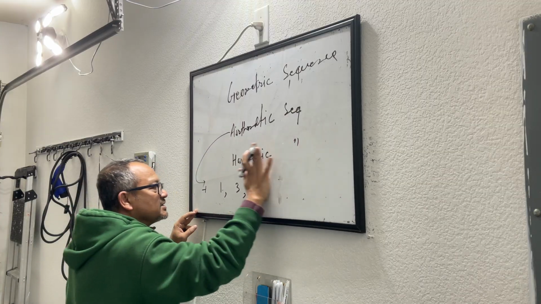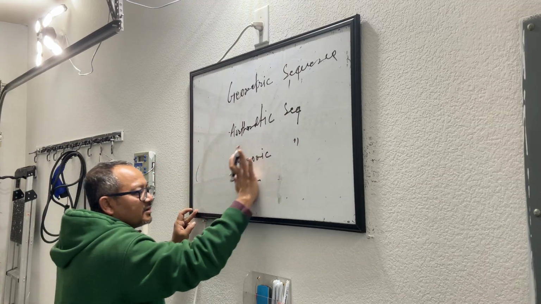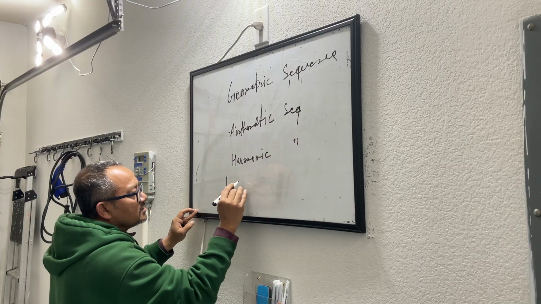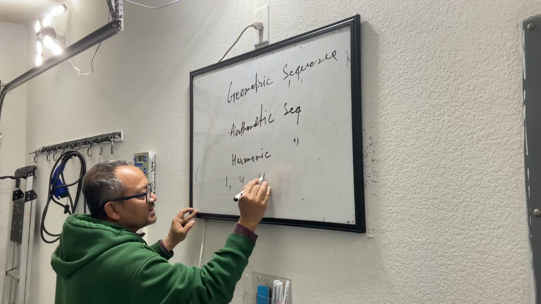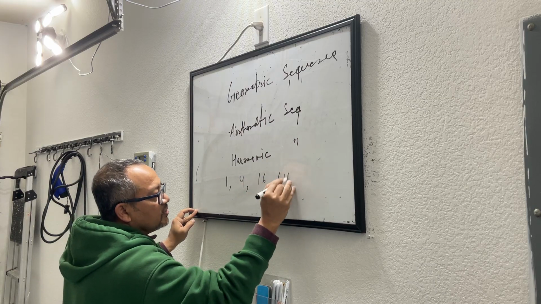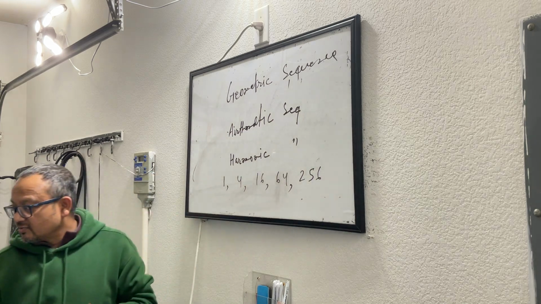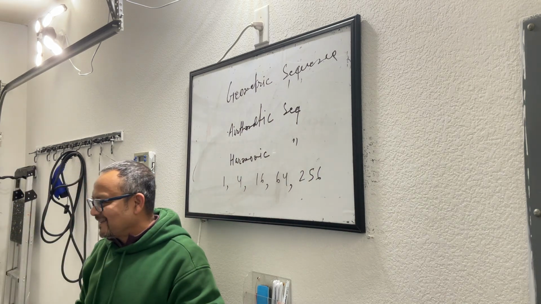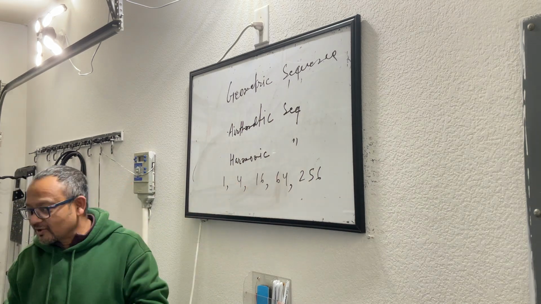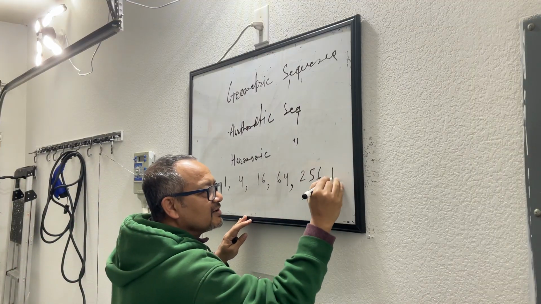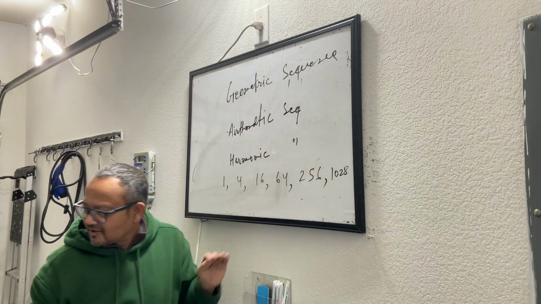Now you look at another example where you have 1, 4, 16, 64, 256. Only that much I remember manually. 256 times 4 I don't remember exactly. I think that is 1028. Yeah. Okay, I'm good till this.